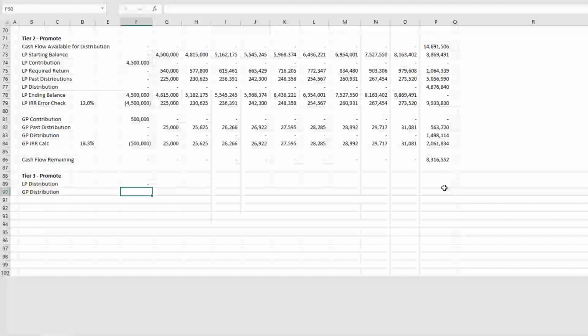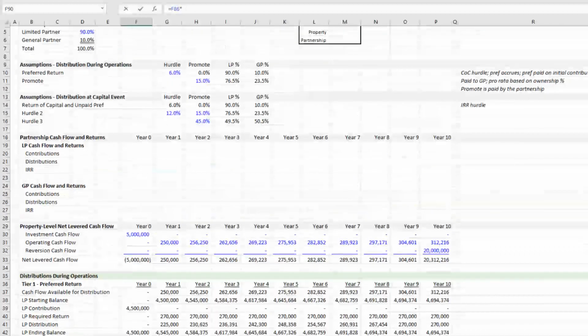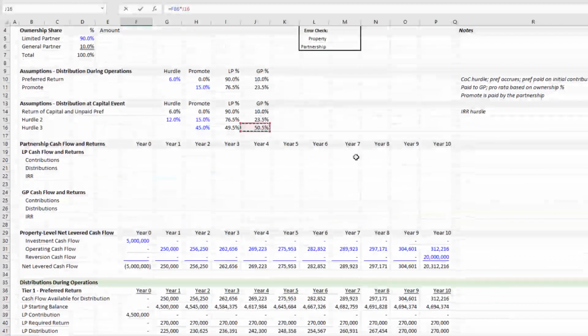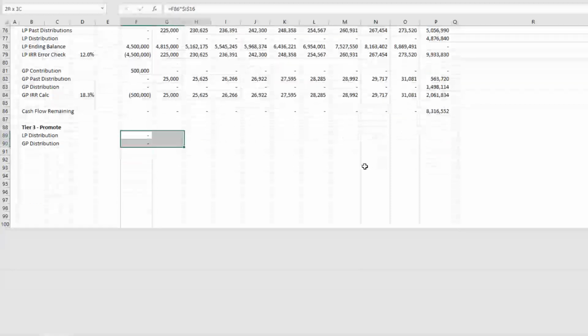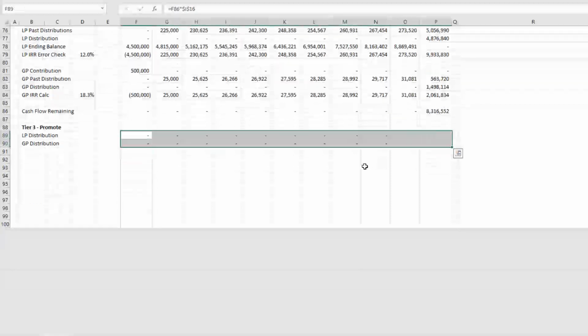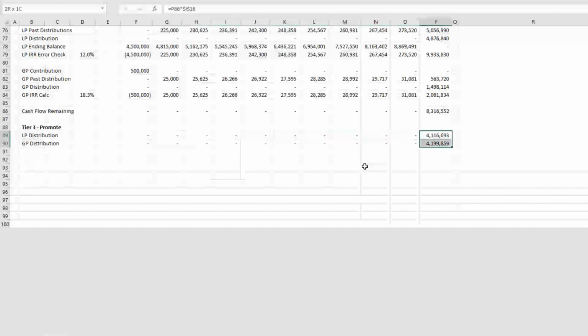Hit F4 on that cell, and then also for the GP, cash flow remaining multiplied by the GP's share in this tier, 50.5. Hit F4 on that. Fill those out to the right. And we've distributed roughly 50-50. It's actually 49.5, 50.5 to the LP, GP. The sum of those two equals 8.316 million.